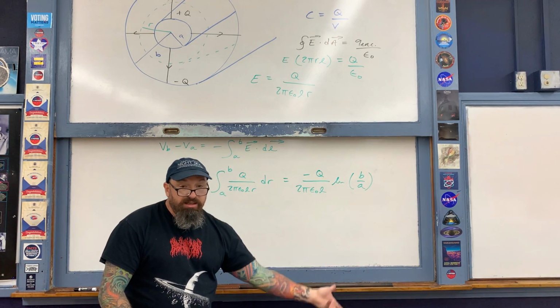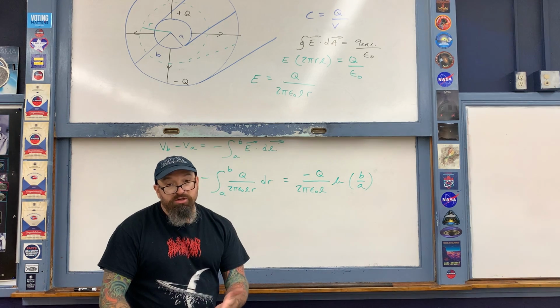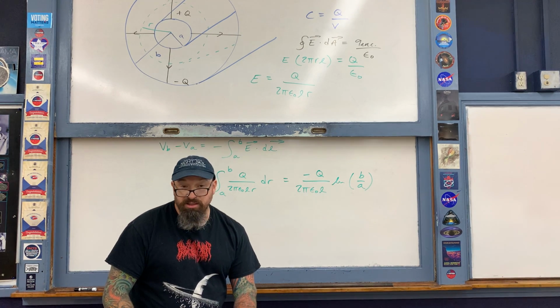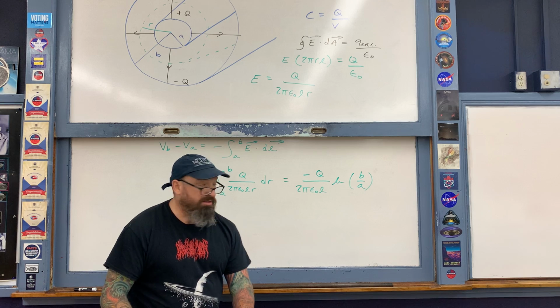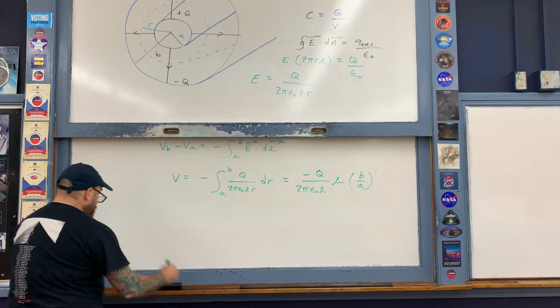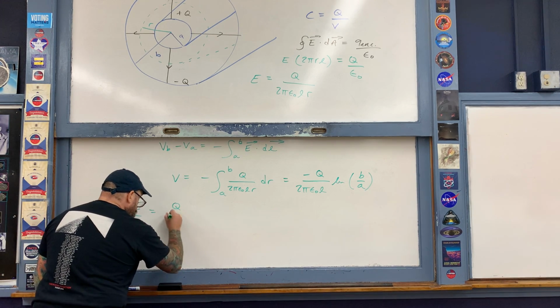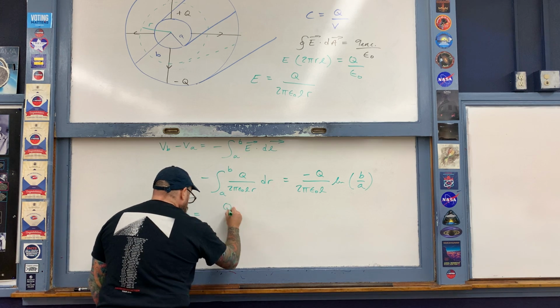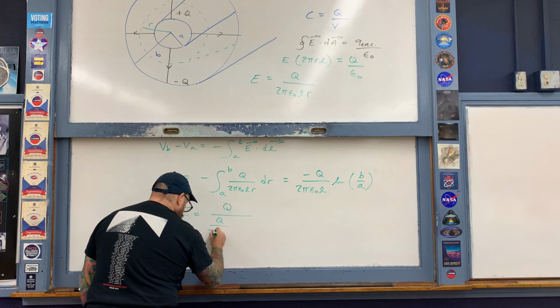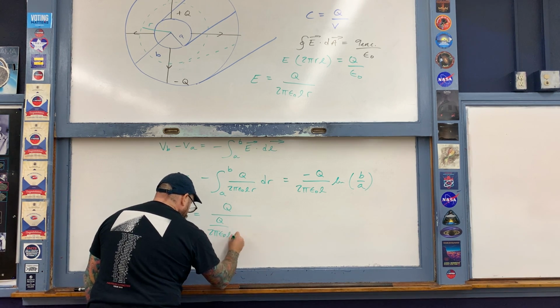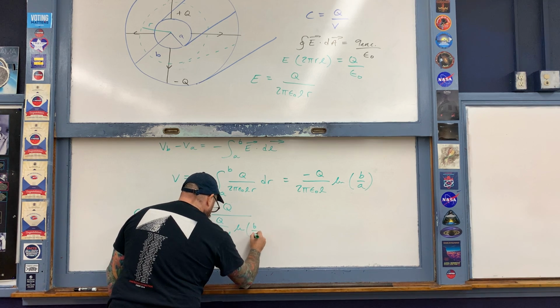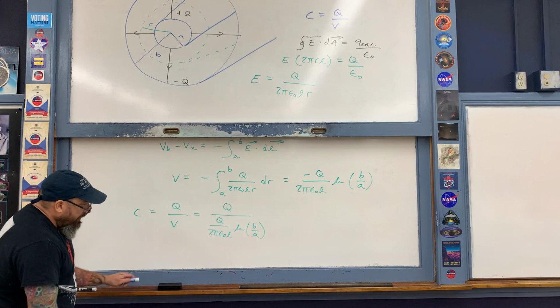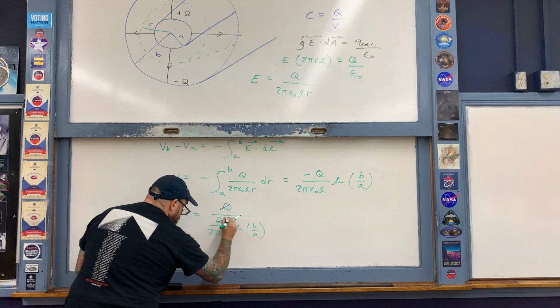So let's take the absolute value prior to plugging this expression into the denominator of the expression for capacitance. Now the capacitance is Q over V, so Q divided by Q over 2 pi epsilon naught L, natural log of B over A. The Q's cancel out.